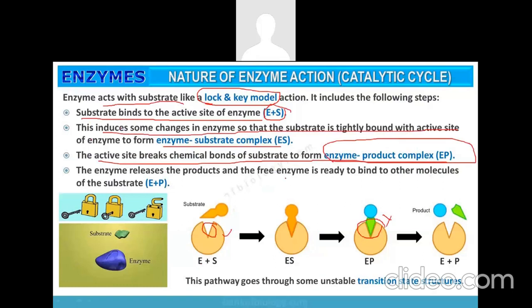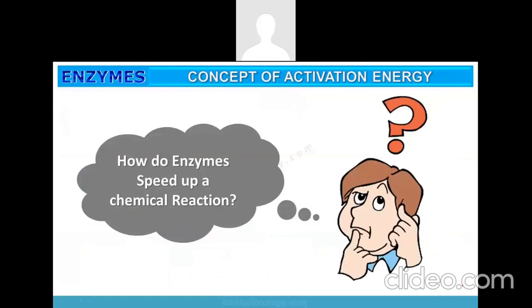So this induces some changes in the enzyme so that the active site is tightly bound to the substrate and they form this ES complex, or the enzyme substrate complex. This active site breaks the chemical bonds of the substrate. So what happens is at this active place, the substrate's chemical bond is completely broken and this forms an enzyme product complex.